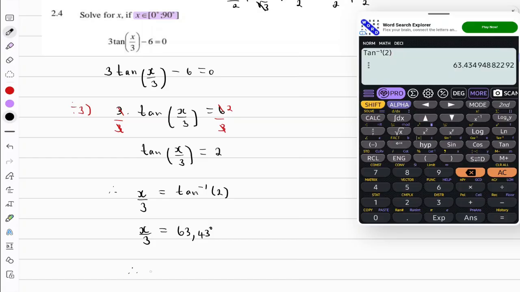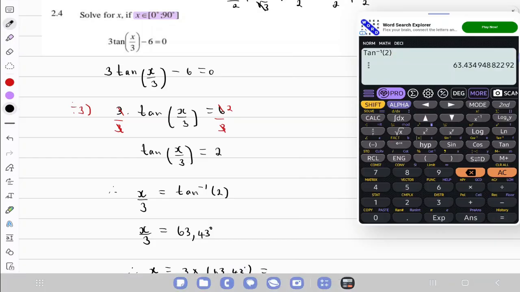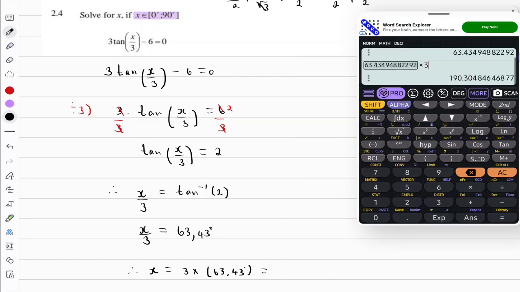So therefore x should be equal to 3 times 63.43 degrees, and this should be equal to 190.30 degrees, correct to 2 decimal places.